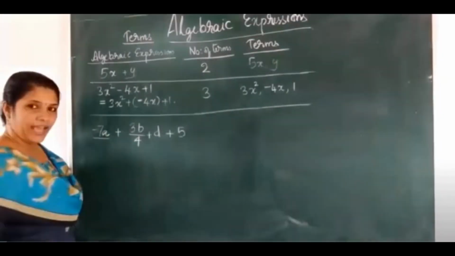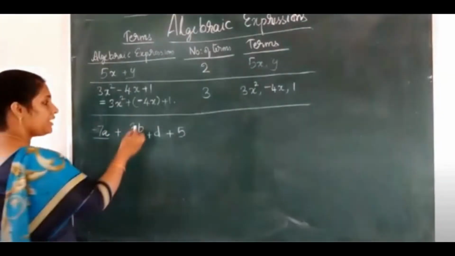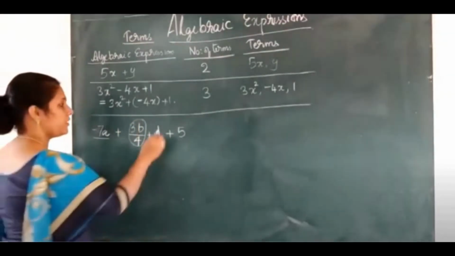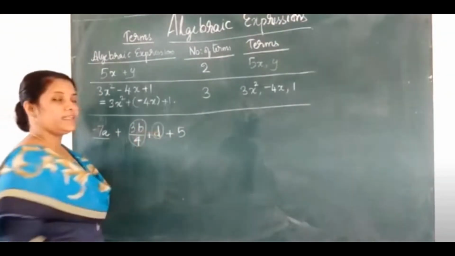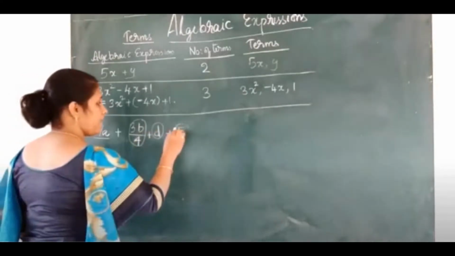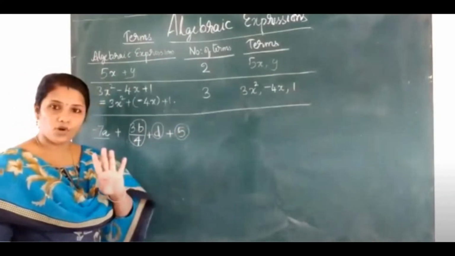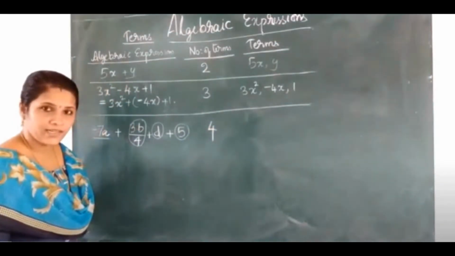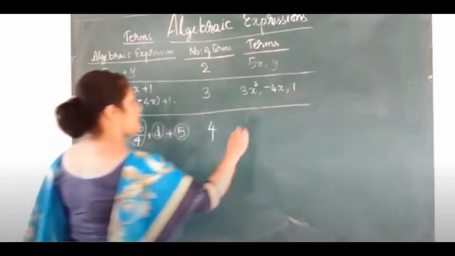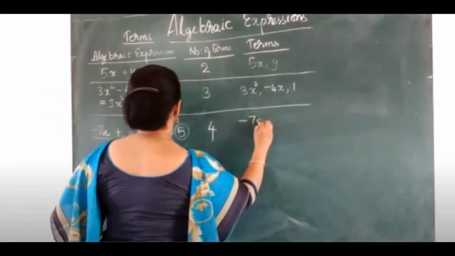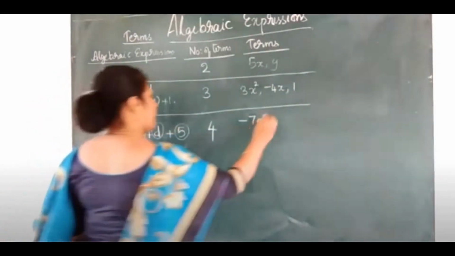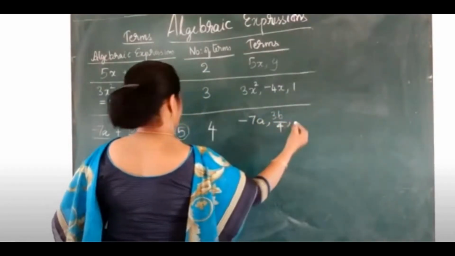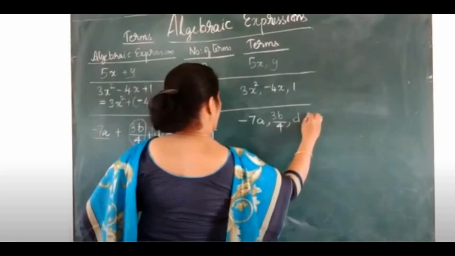Negative 7a is one term, 3b by 4 is the second term, b is the third term, and 5 is the fourth term. So, 4 terms are here, and the terms are negative 7a, 3b by 4, b and 5.